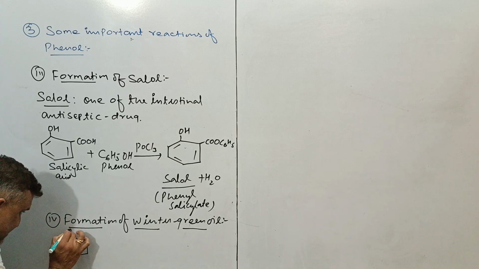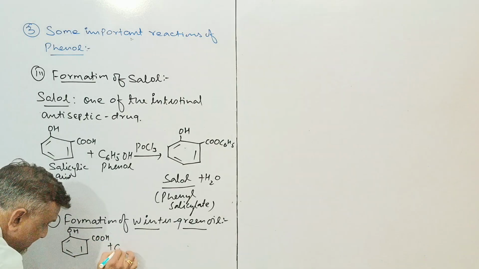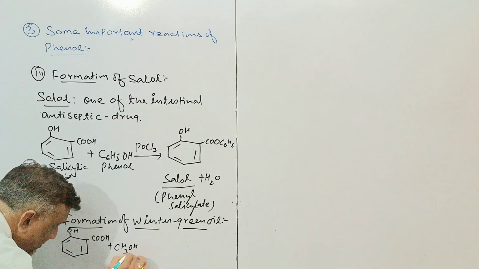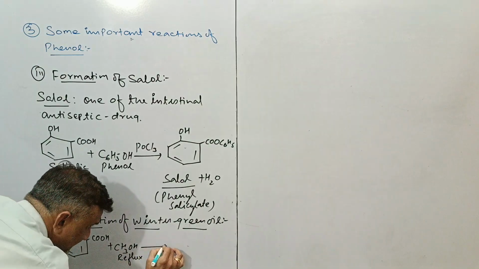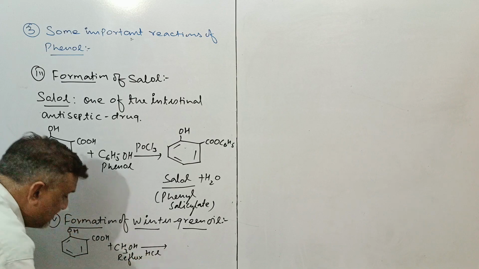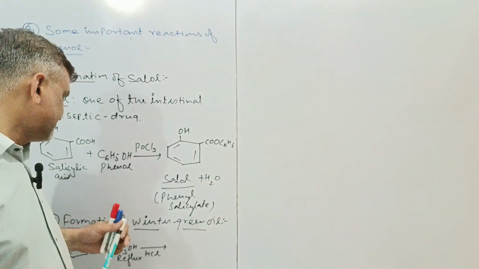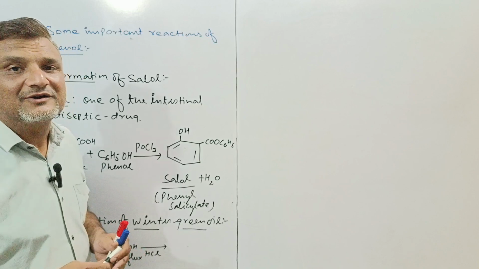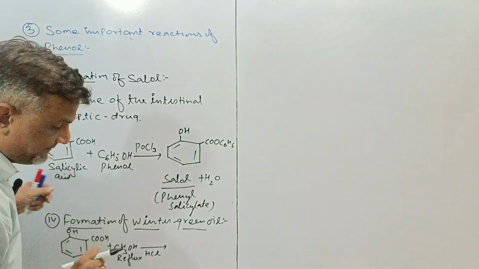This is the OH, this is the COOH. We will treat it with the methanol reflux in the presence of HCl. Here will again be formation of the just methyl substituted of salicylic acid called as methyl ester. Yeah, you can say methyl salicylate.